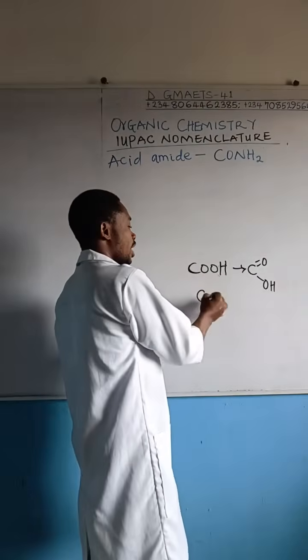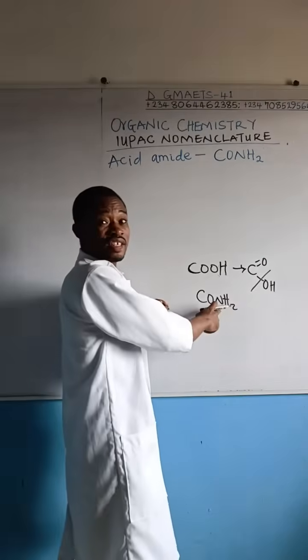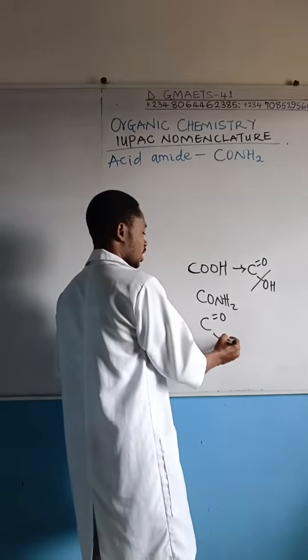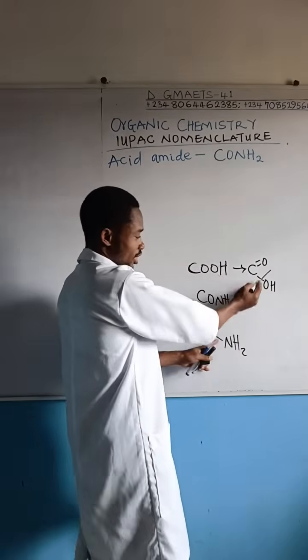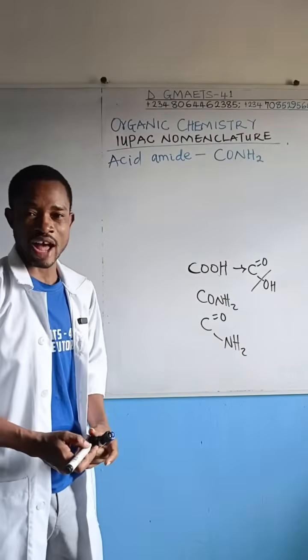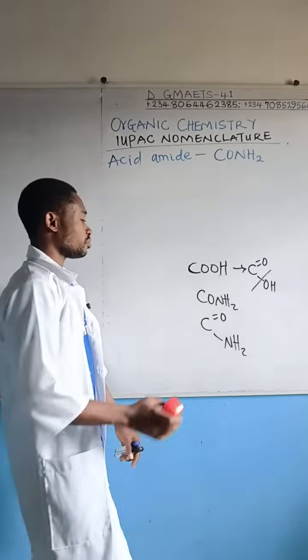Like this one now, this is CONH2. So it's as if you removed OH and fixed the amino group. Usually this OH part of the alkanoic acid is removed and replaced with a group of atoms. That gives you the derivative of alkanoic acid, as I said.